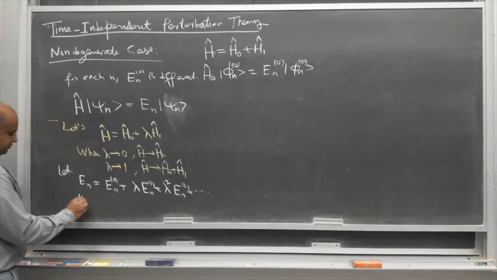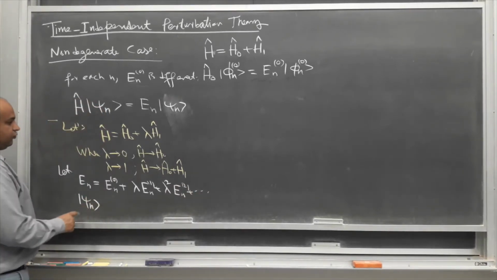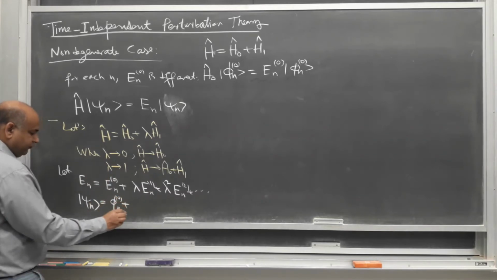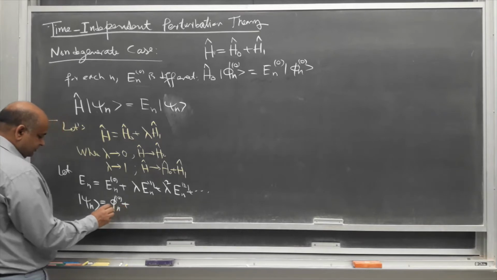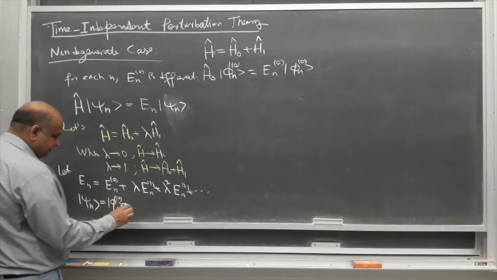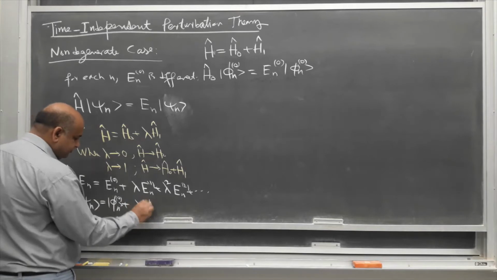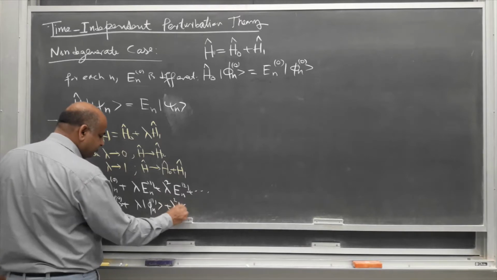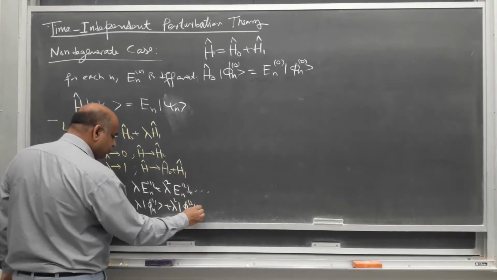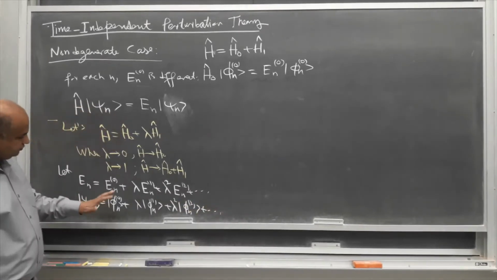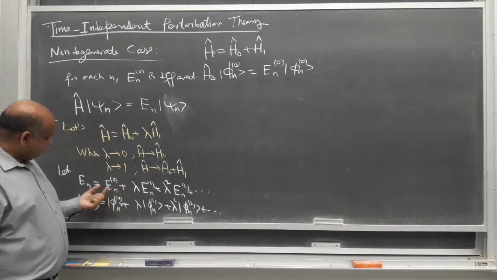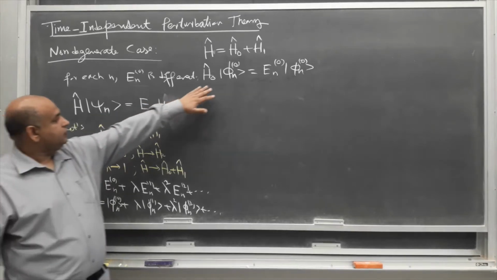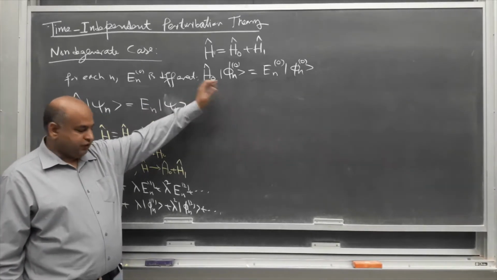Similarly, we can expand our wave function as the 0th order wave function, ket symbol here, lambda phi 1, lambda square phi 2, and so on. So this En0 and phi n0 are the solution of this underlying simpler Hamiltonian.